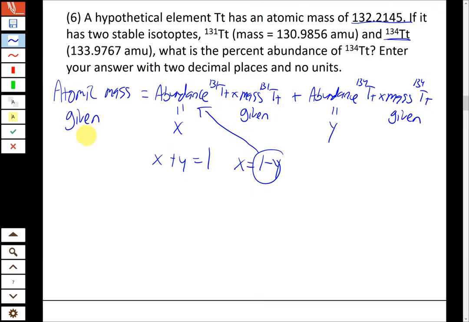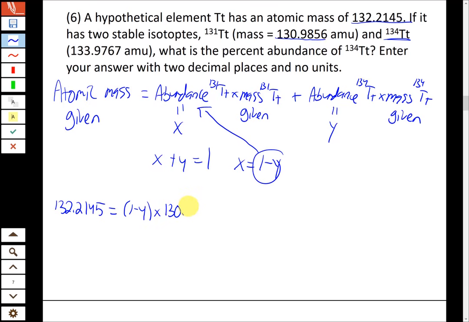All right, so we can combine these two equations as such. So we're going to start writing out the numbers now. So the atomic mass, which is given as 132.2145, that's equal to the abundance of the 131 isotope, which is 1 minus y, times its mass, which is 130.9856.